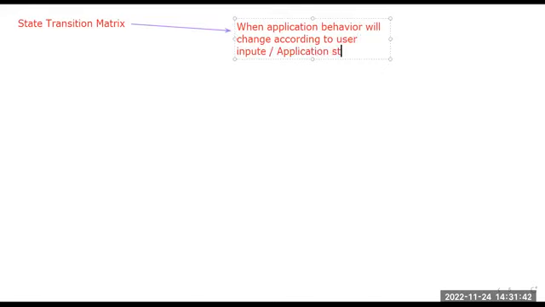I can say that application behavior, or application state, will change according to the user input. So that is the criteria to apply the state transition matrix.